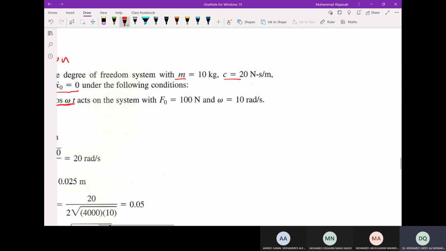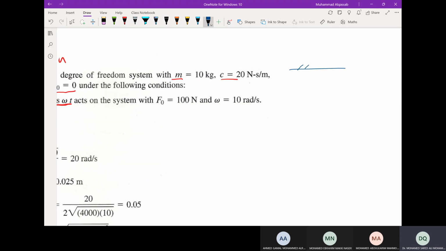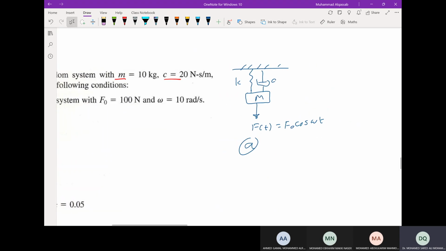So the model we have here is a spring mass system with damper. So this is M, K, C, and there is a force applied F of t. And this is part A, when F of t equal to F naught cosine omega t. Part B, when there is no force, the free vibration.